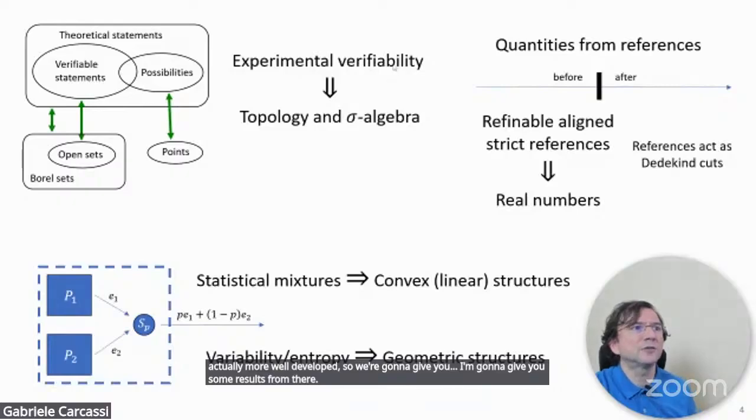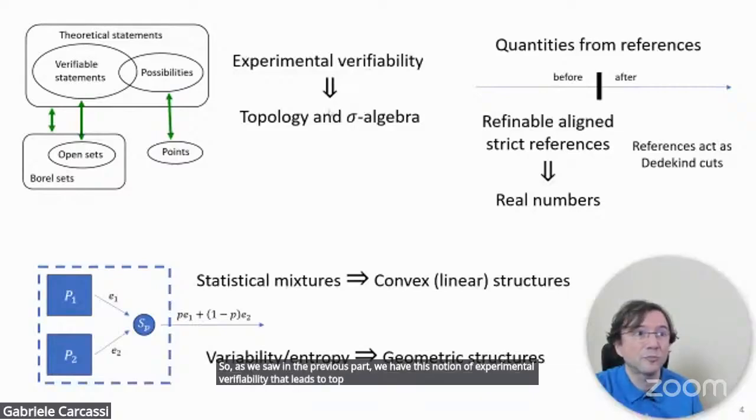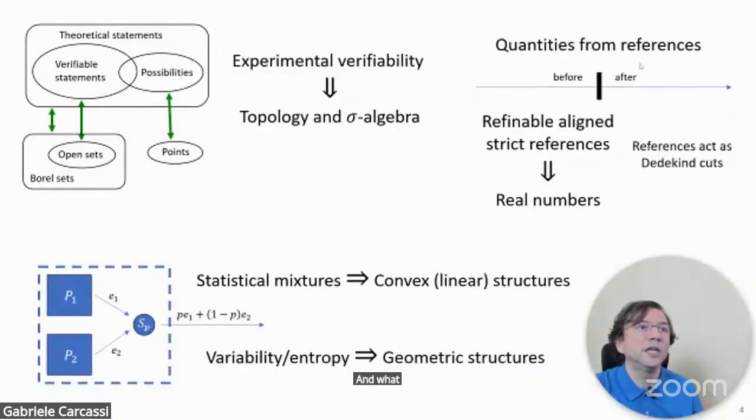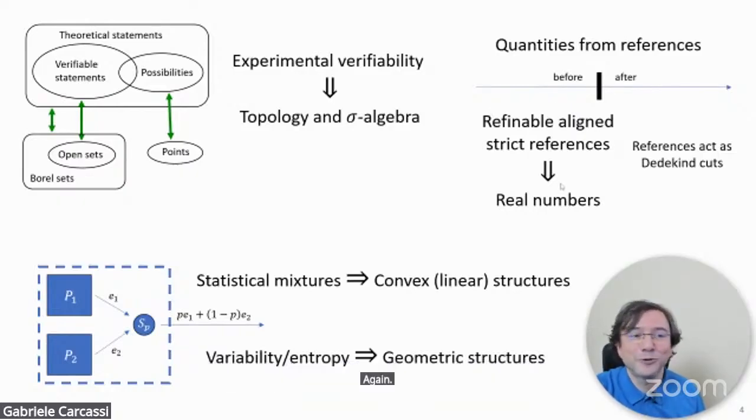So as we saw in the previous part, we have this notion of experimental verifiability that leads to topologies and sigma algebras. And what we're going to look at here is that we can use this to define quantity from references. So again, we need to construct everything.